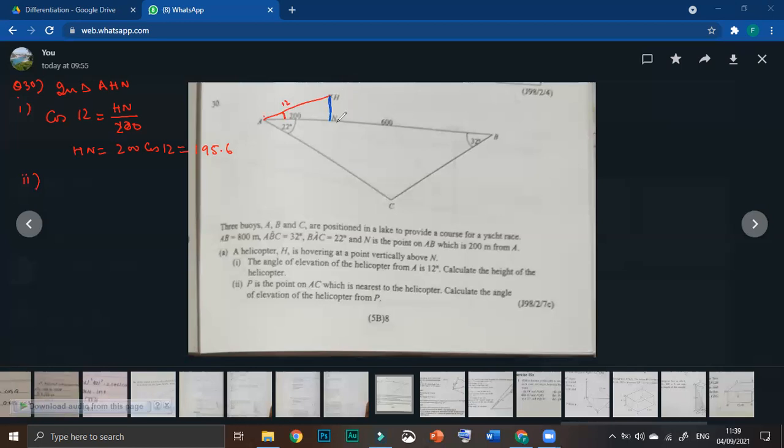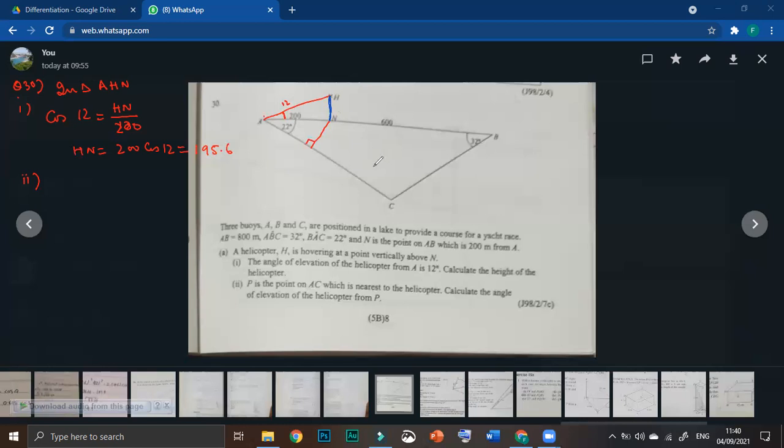The base of the helicopter is N. HN is the height, the base is N, and H is the helicopter. Now we will draw a perpendicular from N to AC to get the point which is nearest to the helicopter.